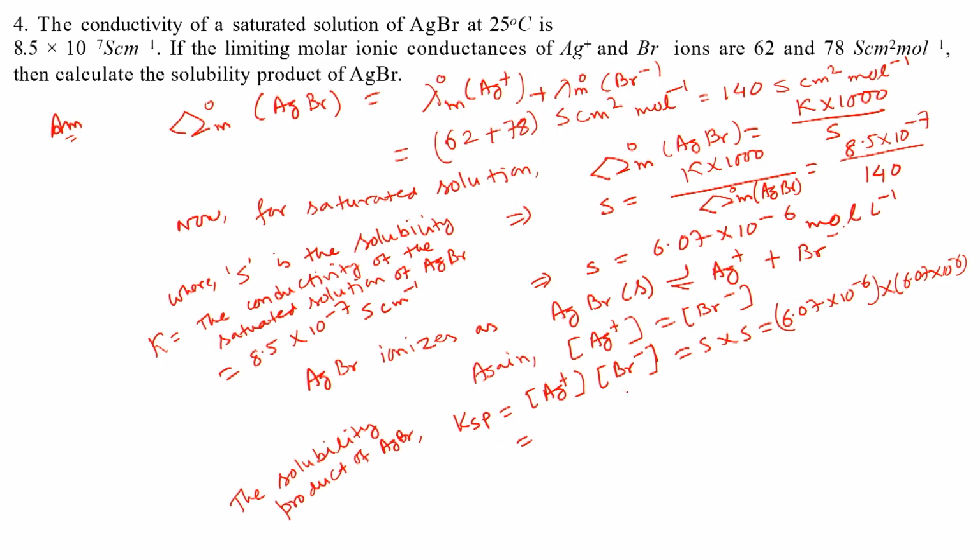So, we get the value of Ksp is 36.8 times 10 to the minus 12. So, this is the value of solubility product of AgBr.